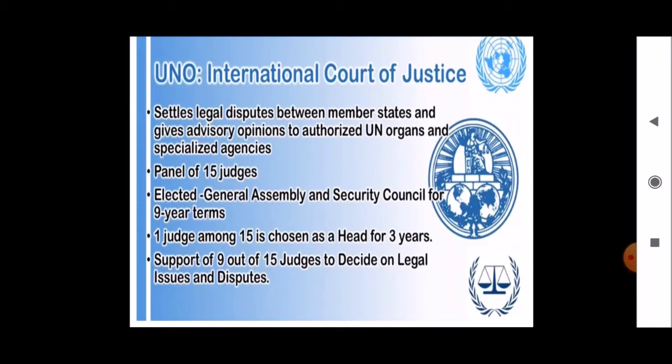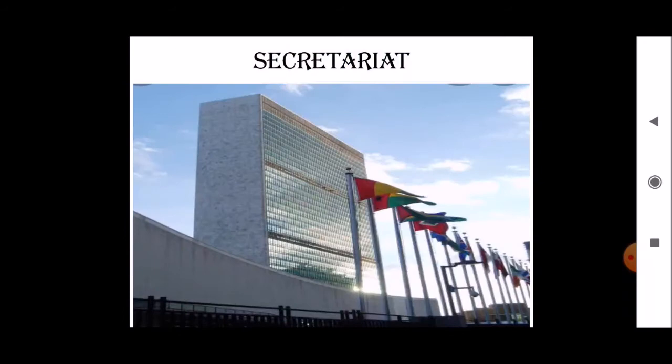The World Court's role is to settle conflicts submitted by the member nations and give opinions on issues raised by them. Next one is the Secretariat. The Secretariat carries out the day-to-day work of the UN. Like in our school we have the office, likewise the Secretariat is the office part of the United Nations. The Secretary General of the UN is the head of the Secretariat.